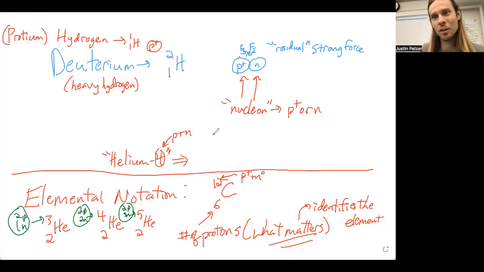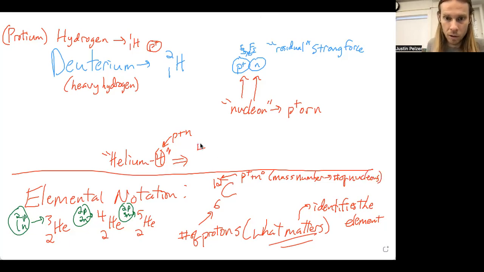And be careful, the total mass is protons plus neutrons minus the binding energy, however you look at it. That's what I'm going to talk about in a second. Sometimes this is called the mass number, or the number of nucleons. So helium-4 means you have 4 total, but helium means you have 2 protons. So the 4 goes here, and the 2 goes there.